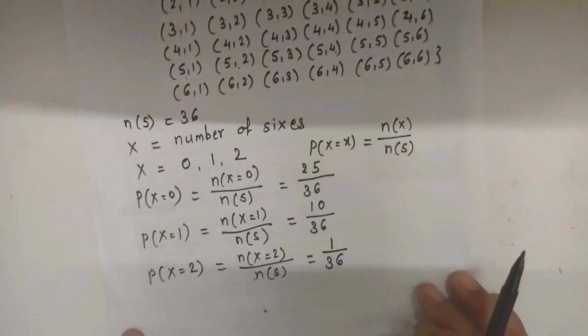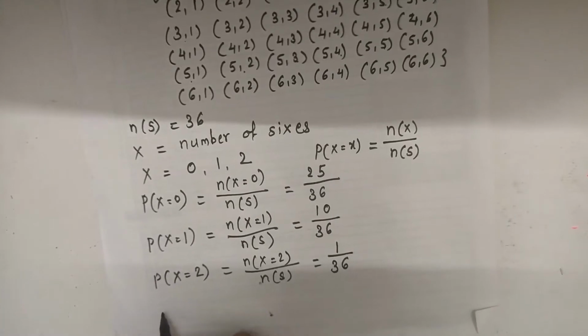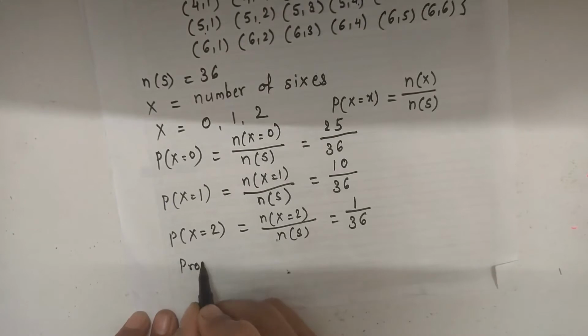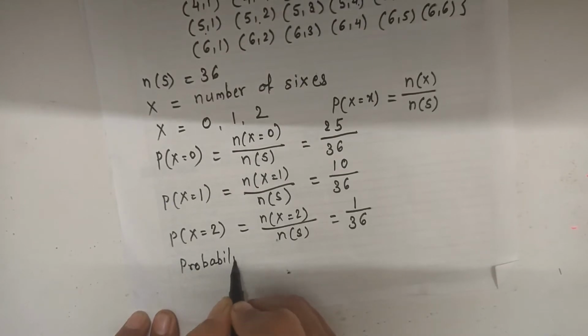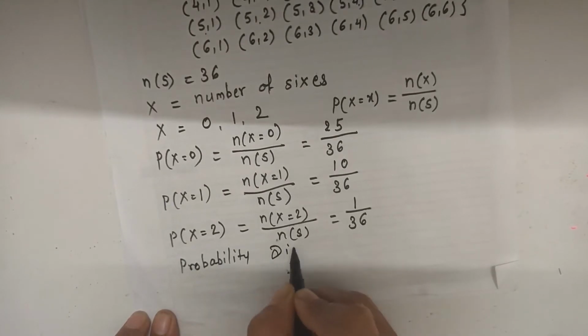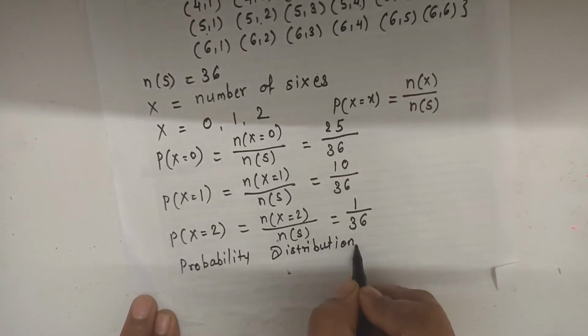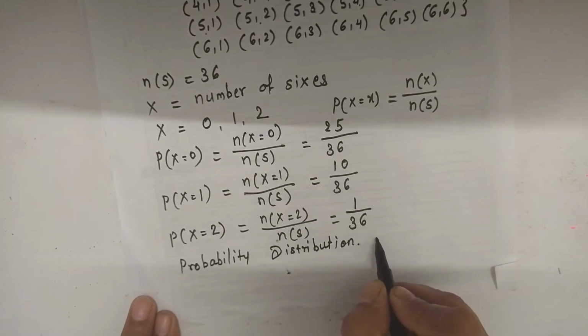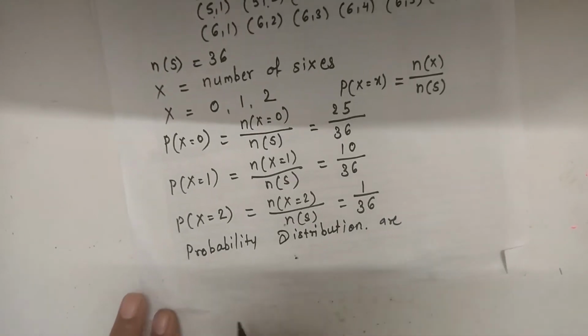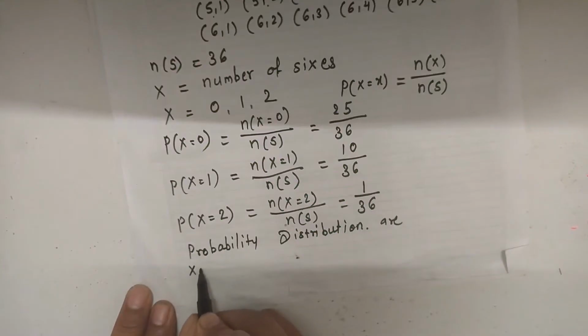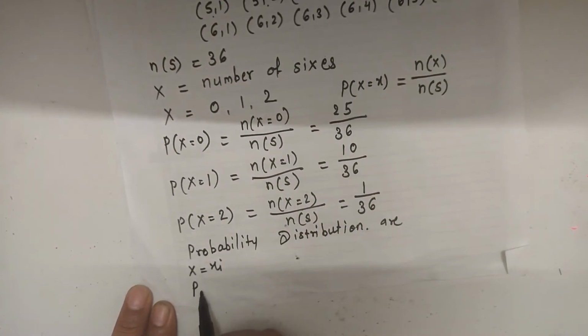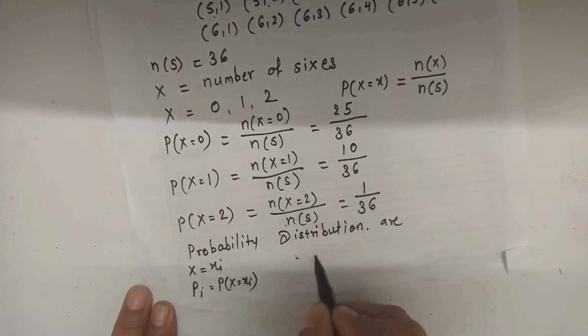So here is the probability distribution table, for x is equal to xi and probability pi is equal to P of x is equal to xi.